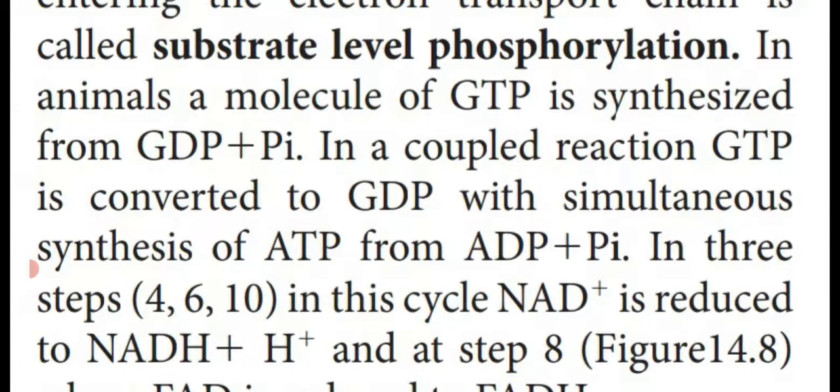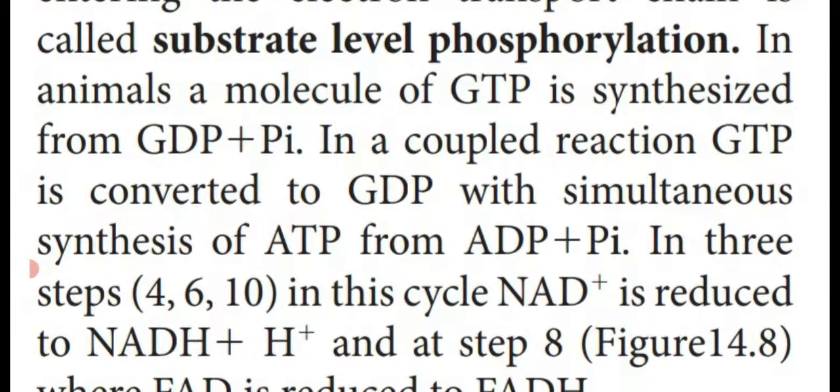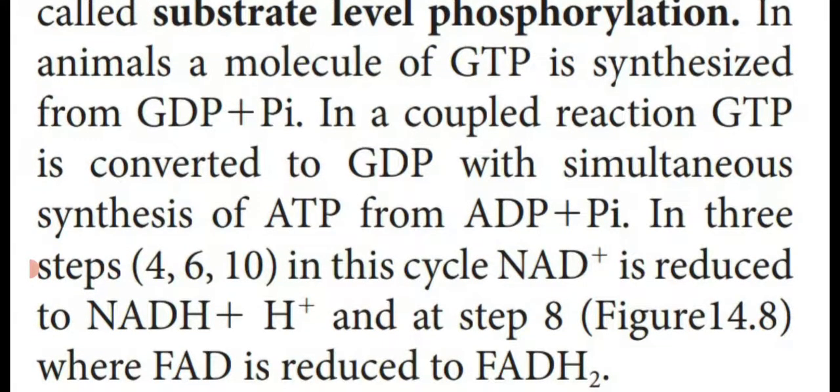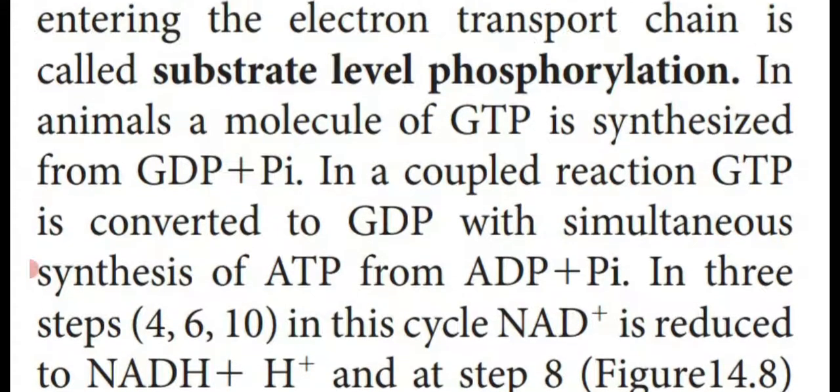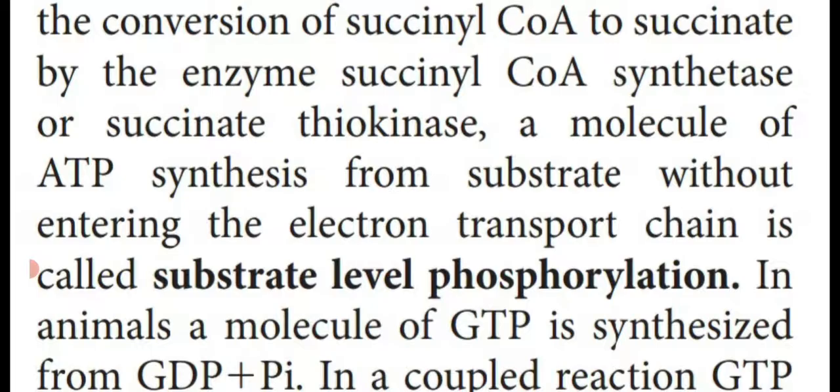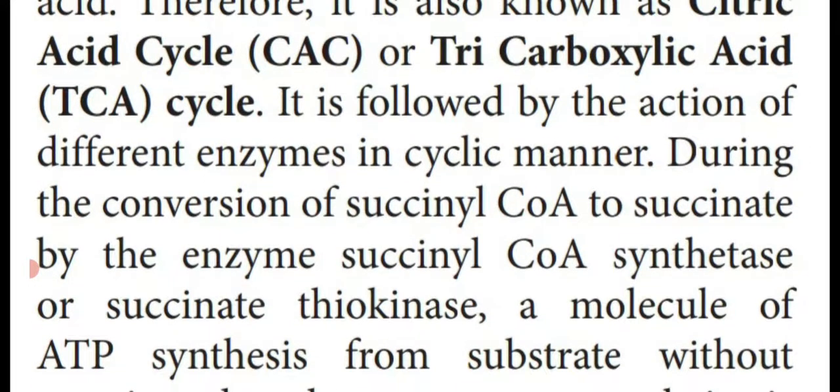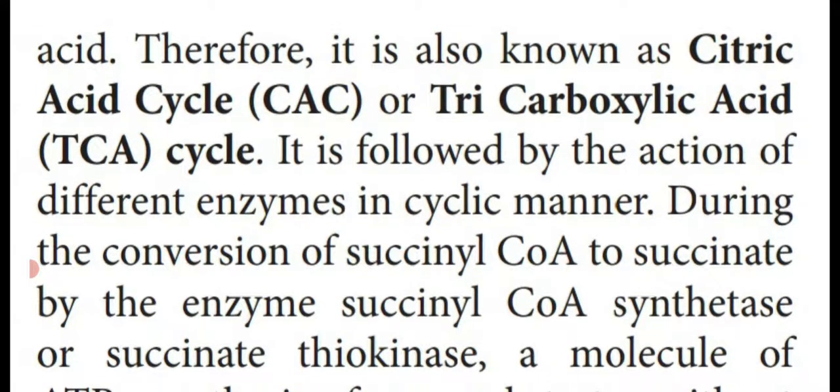Also in 3 stages, that is the 4th, 6th and 10th stages, the coenzyme NAD is reduced into NADH2. In the 8th step, another coenzyme, FAD, is reduced into FADH2. These are the different processes that take place in the series of reactions of the Krebs cycle.